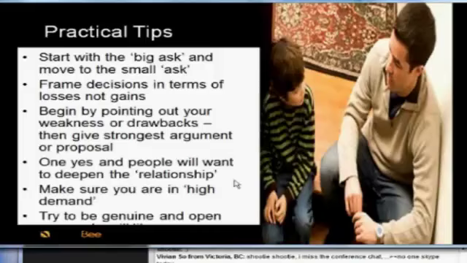One yes, and people will want to deepen the relationship. Once someone has agreed to do something for you or agreed to take your offer, now they have a commitment to you. I talked about commitment earlier. They've said yes. Now they've invested themselves in you or your offer.